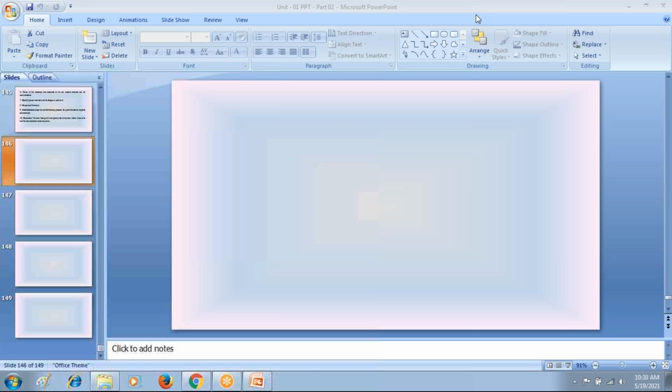Is there any doubt at any point in unit 1, from the beginning to the end, the submission of the subsoil investigation report from the beginning to the end? If anybody is having doubts in unit 1, please ask me.